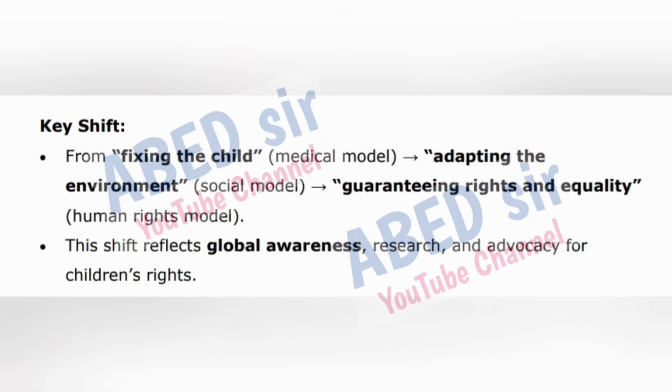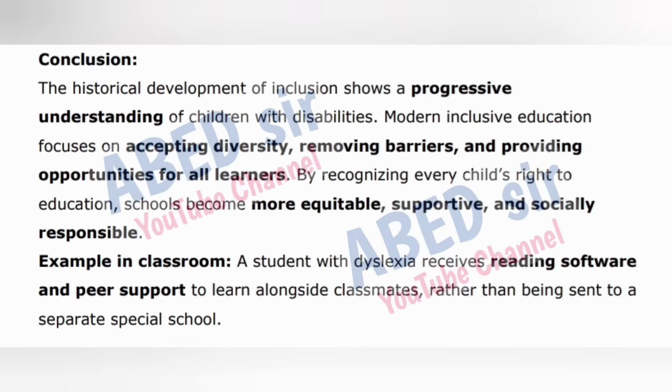Key shift: from fixing the child, medical model, to adapting the environment, social model, to guaranteeing rights and equality, human rights model. This shift reflects global awareness, research, and advocacy for children's rights. Conclusion.